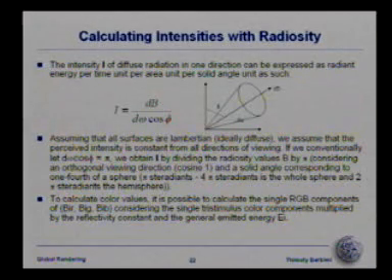So calculate the radiosity of 2 million patches, considering the red component of the light sources. Calculate the radiosity balance of 2 million patches for the green channel, calculate the radiosity for the blue channel. So it's 6 million calculations.